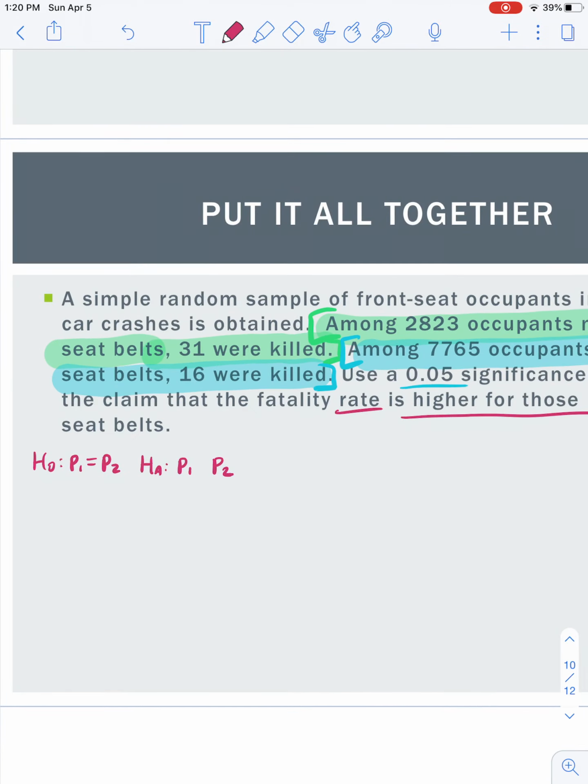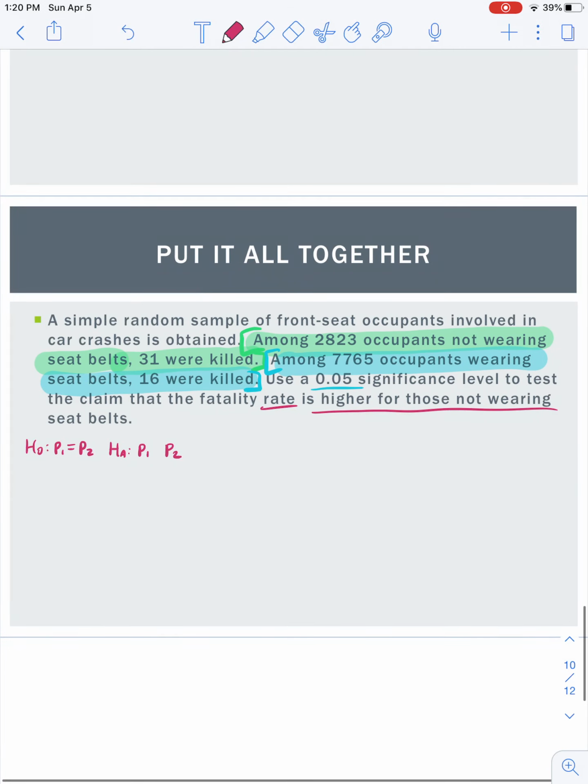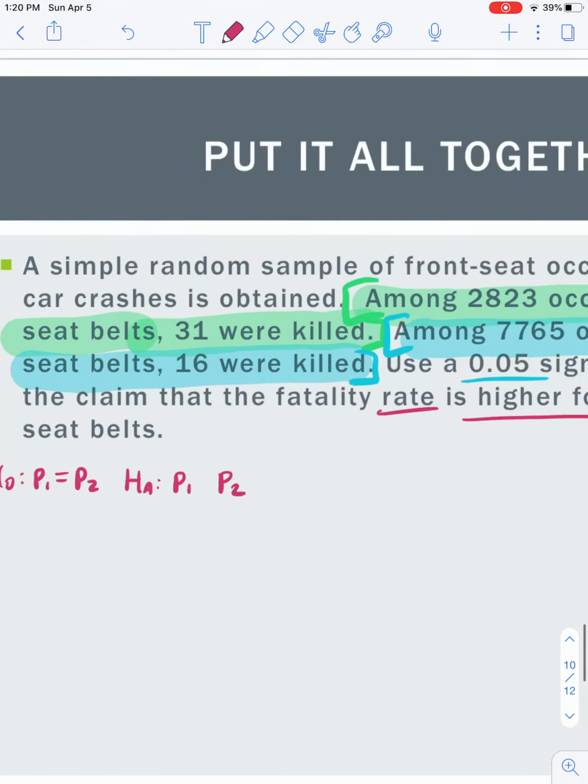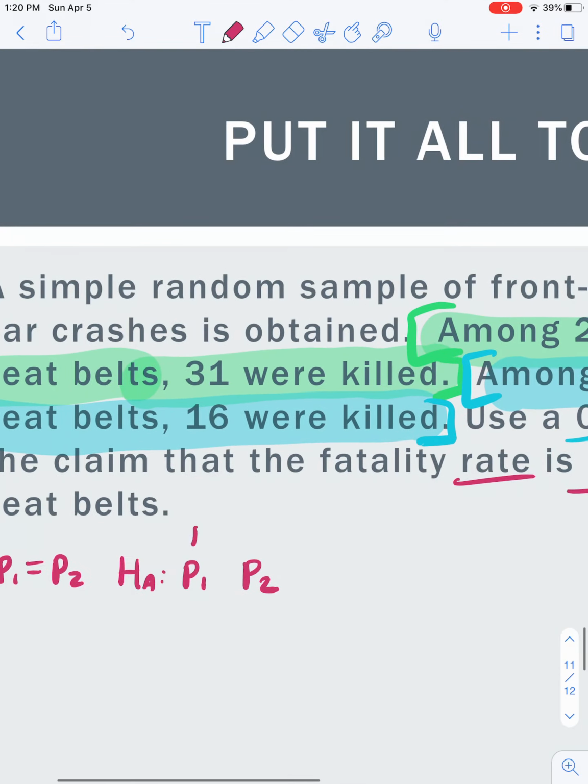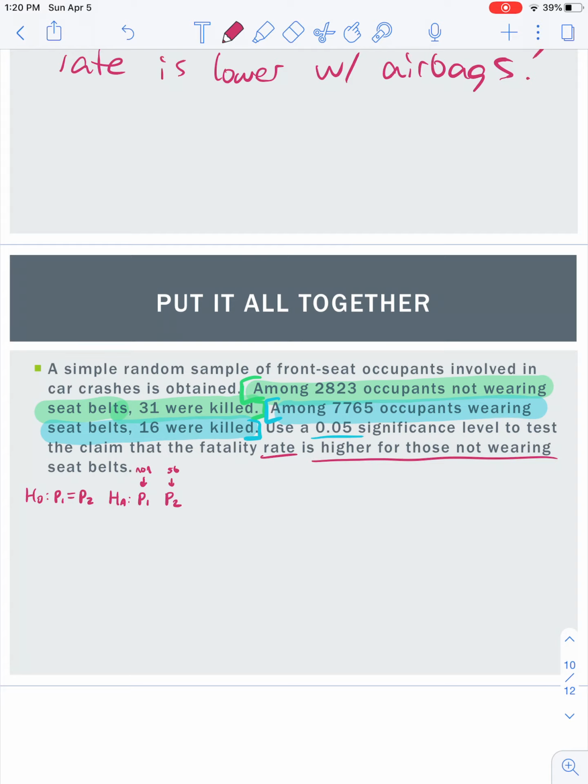Now, I always like to call the first population I have information for P1 and the second population P2. So the first population was the non-seatbelt group, and this is the seatbelt group. The claim says the fatality rate is higher for not wearing seatbelts.